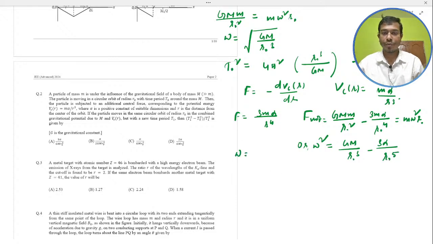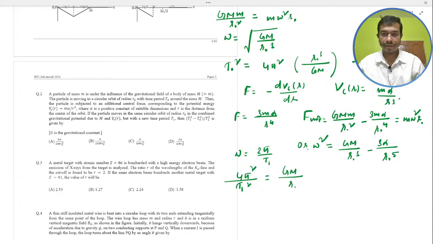We know ω is 2π/T1, so 4π²/T1² is equal to what?